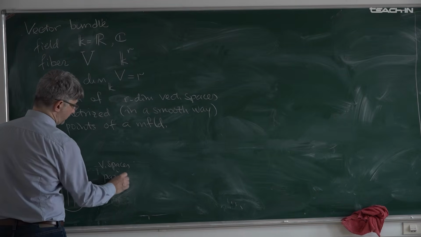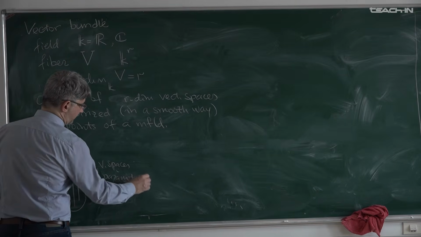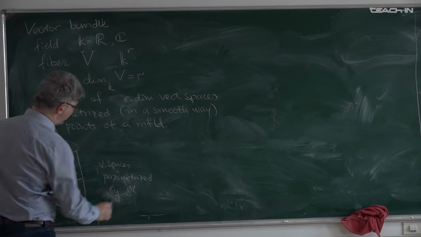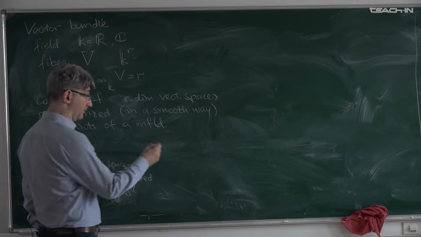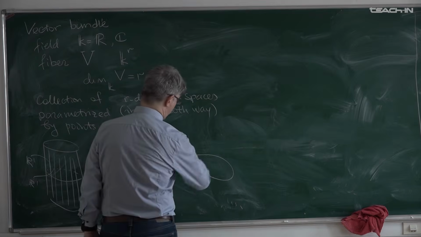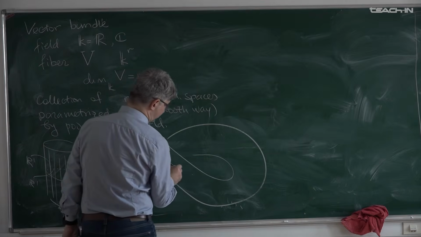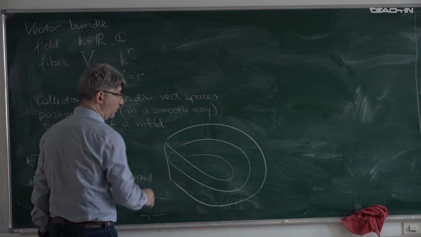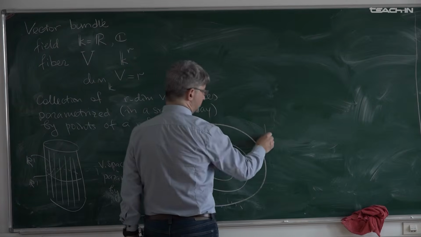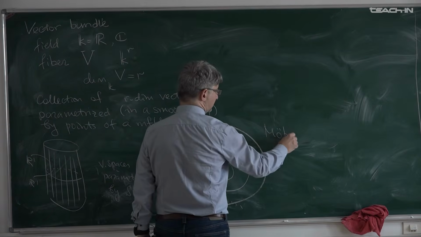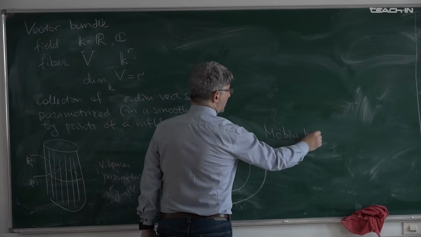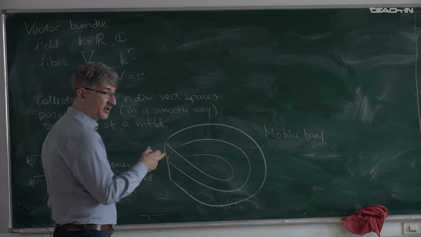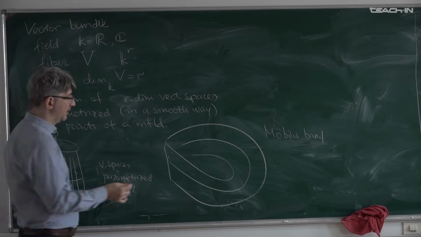parameterized by S1. I will write you another example. I will not write, I will draw it. So this is a Möbius band. But this Möbius band represents a collection of vector spaces. In which way?